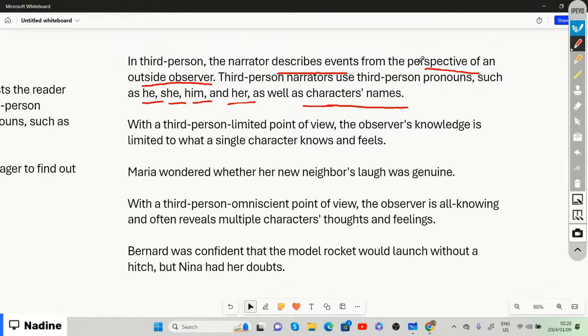Because he probably did thorough investigation, thorough calculations. He made thoroughly sure, and he is confident that this model rocket would launch without any hitches. Whereas Nina has doubts, which means that she has a limited point of view.